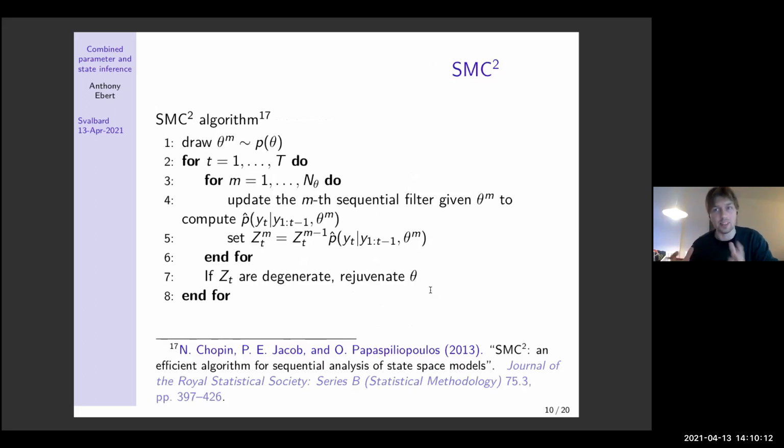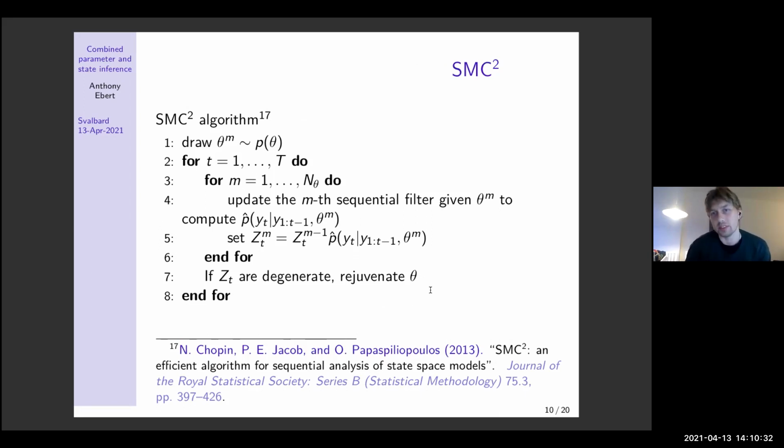Okay, but we've got to zoom out a bit, because at the same time as we're trying to infer the state, we're also inferring the fixed parameters.